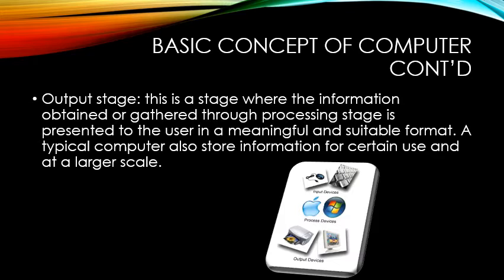The raw facts inputted into the computer are processed according to the given instructions in the processing stage. In the output stage, the information will now be disseminated for use of the consumer and it can also be stored for later use.